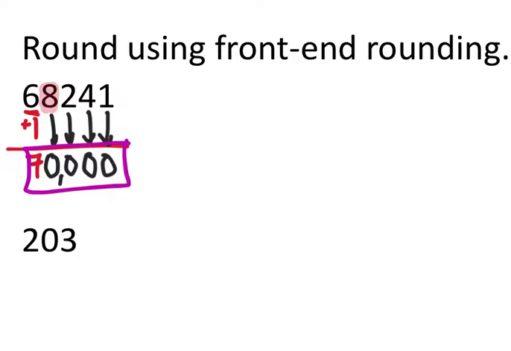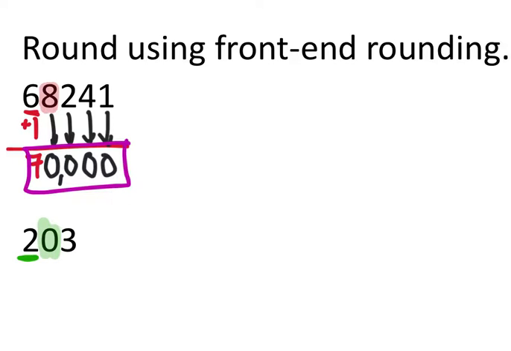Next up, this is 203. And again, it doesn't have to tell us where to round when it says front-end rounding. We just focus on the digit farthest to the left, which in this case is the 2. So I've identified the digit farthest to the left. I know it's in the hundreds place value. And so I look immediately to the right of that place value and find 0.